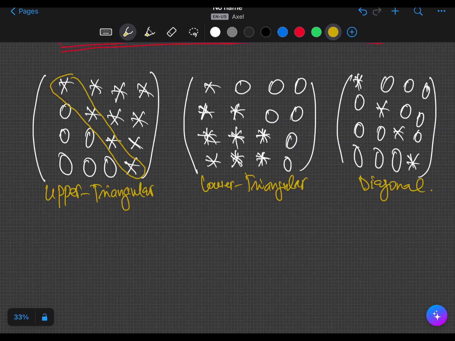And a matrix is called lower triangular if its non-zero entries lie below the diagonal. So we have this asterisk here. And then a diagonal matrix has all the non-zero entries lying right here on the diagonal.